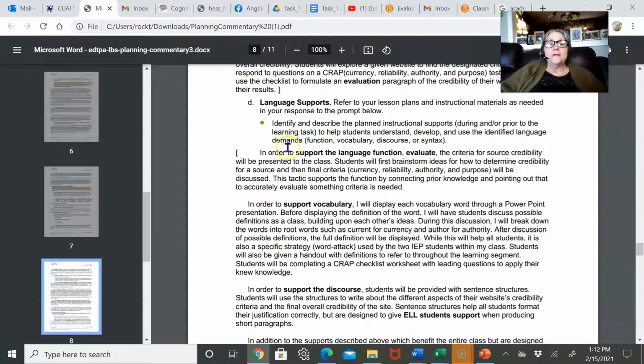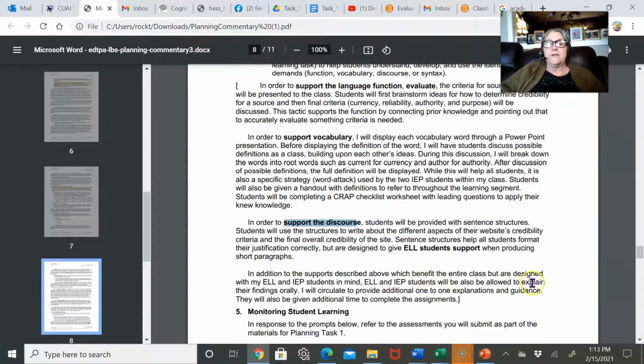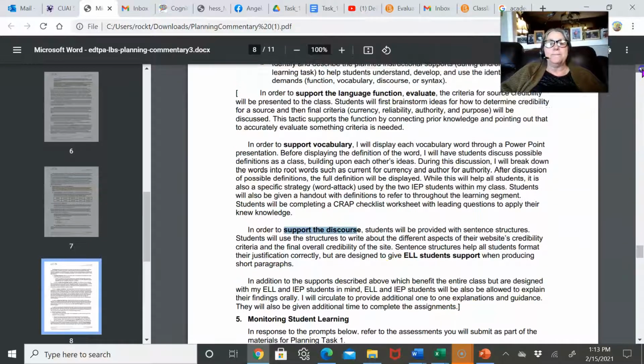So you've got to talk about the supports you have. You have to talk about how you're going to support the function, how you're going to support vocabulary, how you're going to support the discourse, and how you're going to support students with specific language needs. And we'll talk about that in a minute.